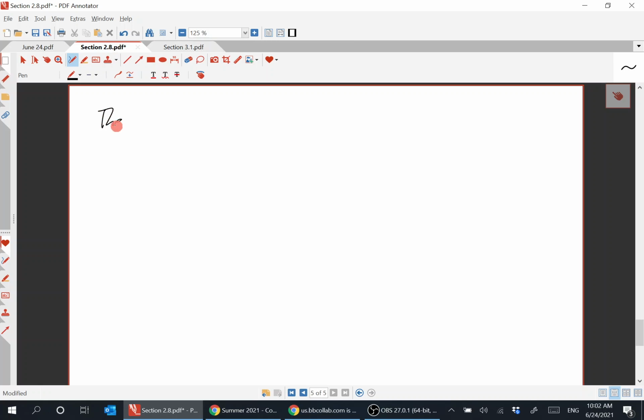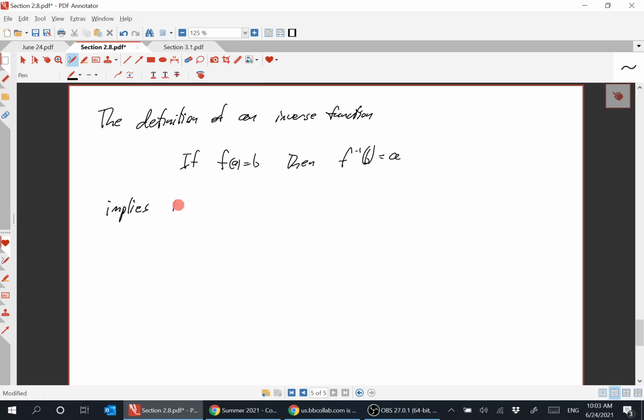The definition of an inverse function, which was this: if f of a is equal to b, then f inverse of b equals a, implies the following two properties. 1, the inverse of f inverse is f.